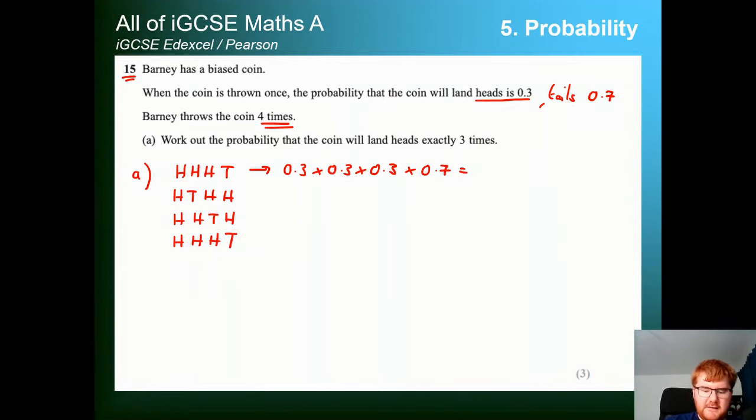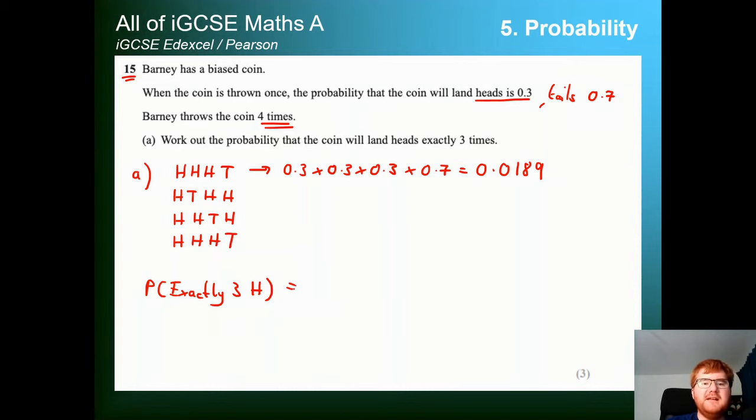So if we pop this into our calculator, 0.3 times 0.3 times 0.3 times 0.7, we then get 0.0189. However, we're looking for exactly 3 heads.